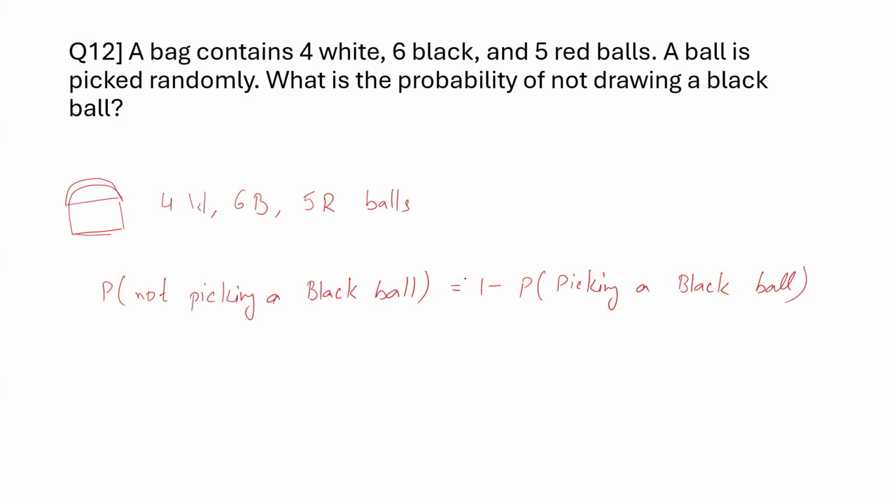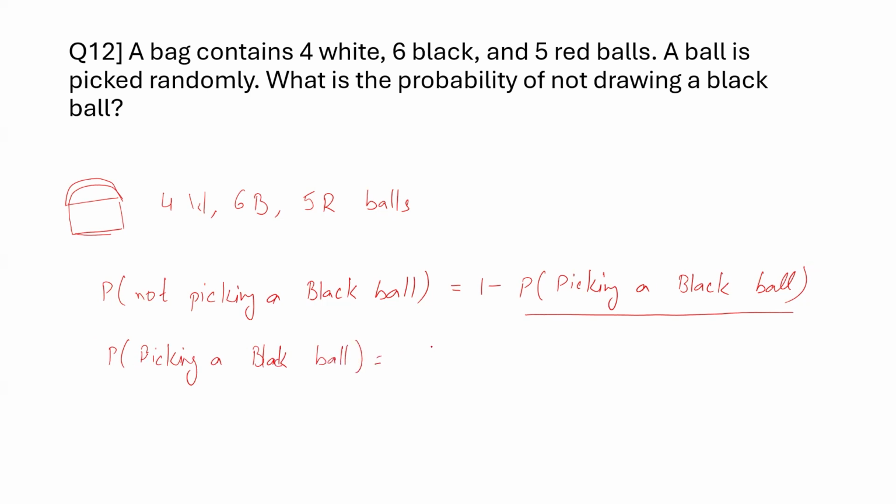Maximum probability could be 1. Not picking a black ball is the complement rule, the same thing as 1 minus picking a black ball. Now you compute this probability. What is the probability of picking a black ball?